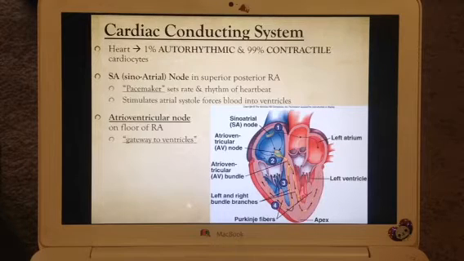And the SA node signals to stimulate atrial systole, so it's going to stimulate the contraction of the atrium first, and this is going to force blood into the ventricles, and if you remember, the blood goes out the aorta from the ventricles into the rest of the body. You also have something called an AV node, which is the atrioventricular node, and that one's located on the floor of the right atrium, right next to the ventricle, and that's the gateway to the ventricles.